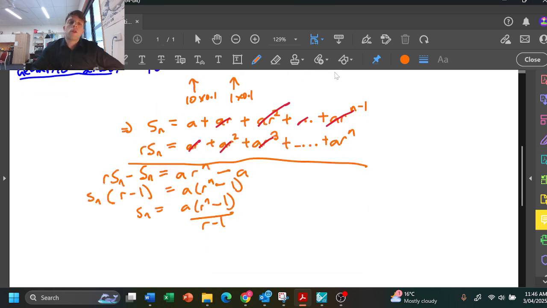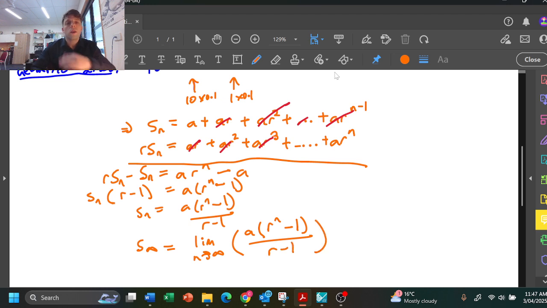And another interesting result from this is if this series is infinite, and I'm going to write it with this notation here, then we're going to find that something else happens. So as n approaches infinity, and remember one way that we can write this is using limit notation, the limit as n goes to infinity of this thing, a times r to the power of n minus 1 over r minus 1, what is going to happen?